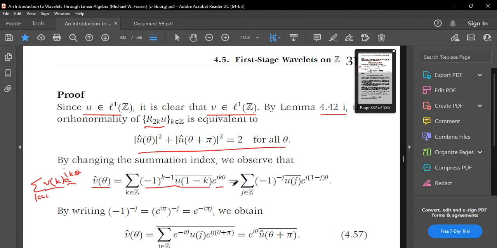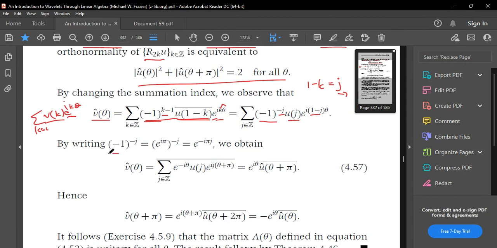But this can be written as minus 1 raised to k minus 1. If we change the index 1 minus k to some j, then we get 1 minus j is equal to k, and conjugate is there. Now minus 1 raised to minus j can be written as e raised to I pi, raised to minus j, that is e raised to minus I pi j.